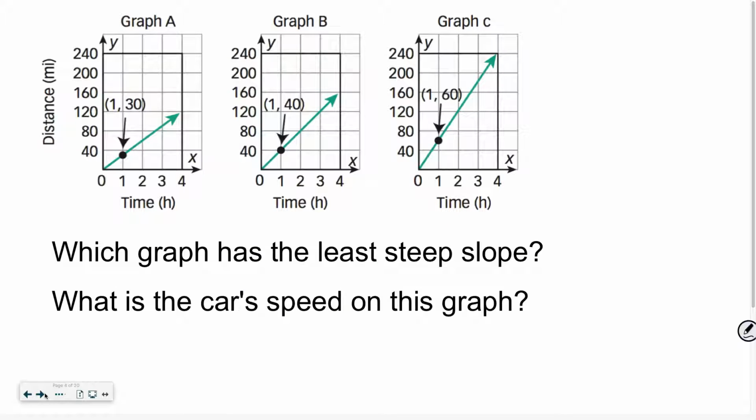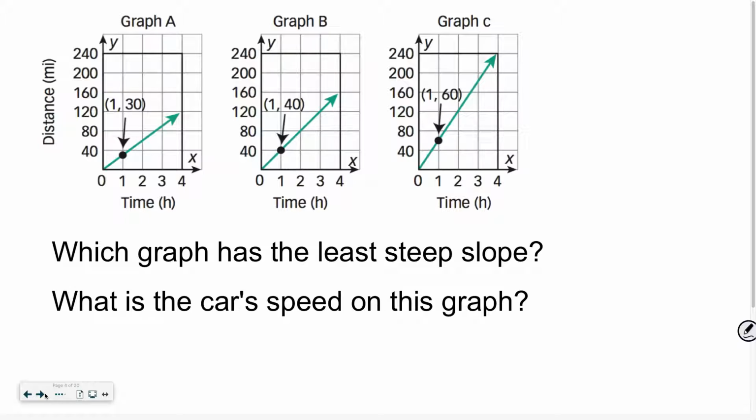Good. Alright, so which of these graphs has the least steep slope? Graph A. And what is the car speed on that graph? We already said it, 30 miles per hour. Alright, and which one has the steepest? Graph C. And what's the speed for that graph? 60 miles per hour.